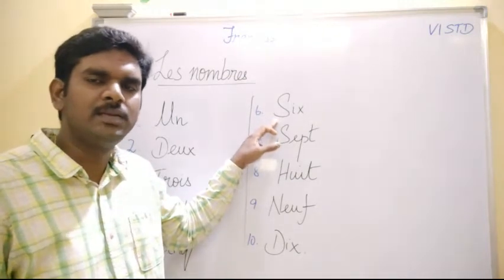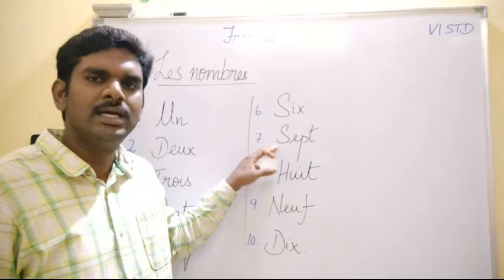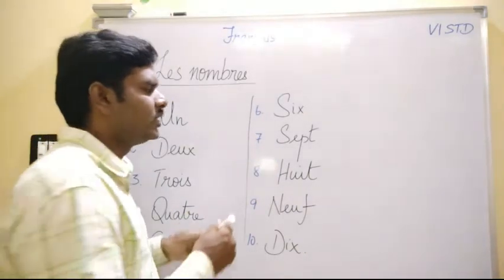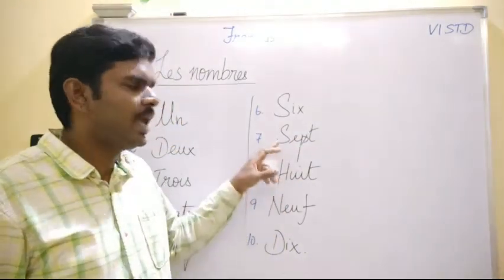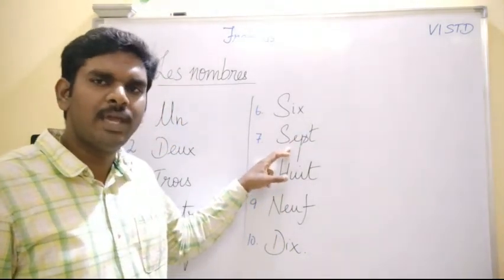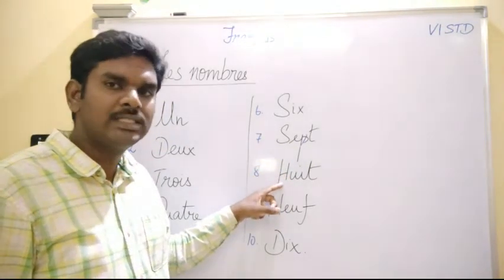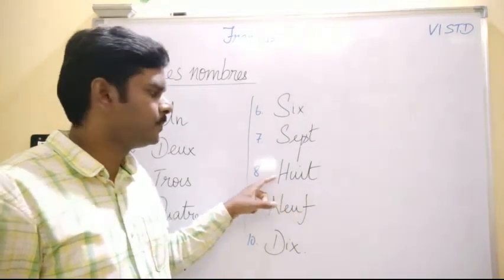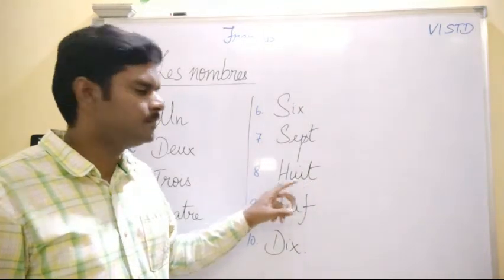S-E-X. Six. Repeat. Six. Sept: S-A-P-T. But this P is silent. So I'll just put a slash. S-A-P-T. Sept. Huit: H-U-I-T. Huit.